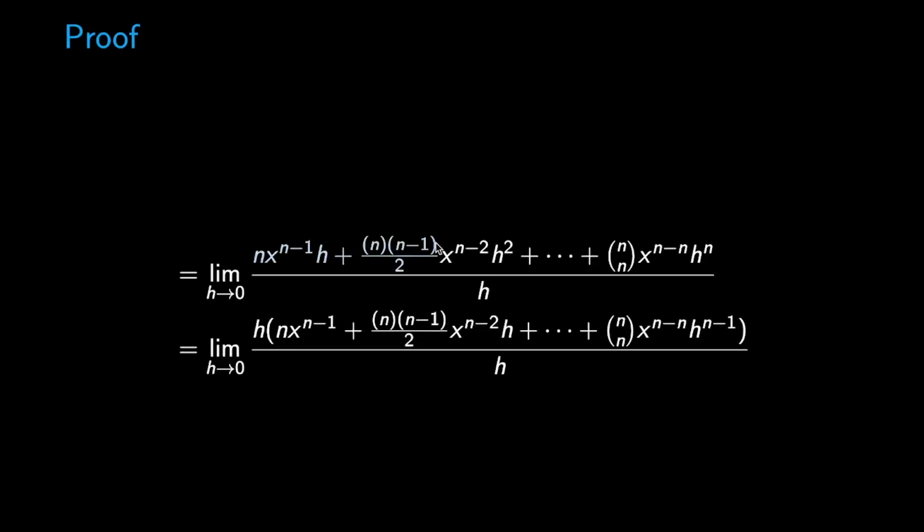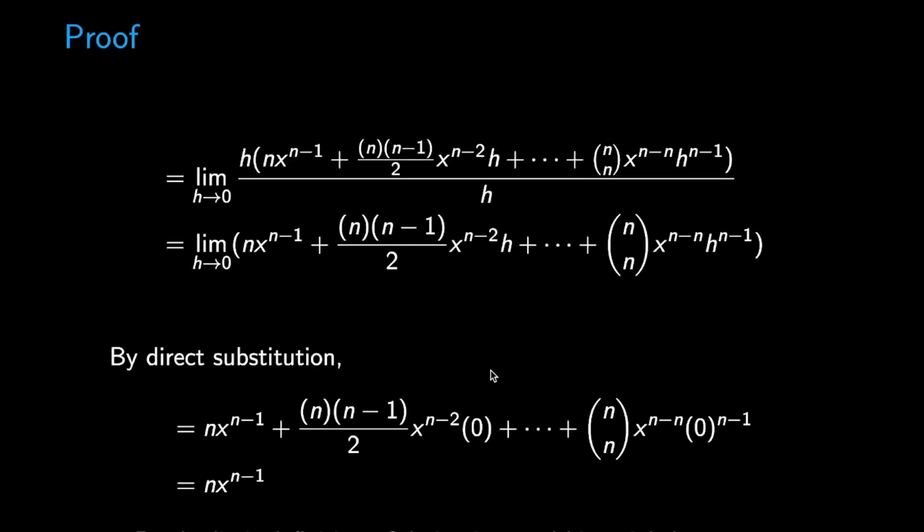Now, if we factor out h from this, we get the following. We get the limit as h approaches 0 of h times n times x raised to n minus 1 plus the other terms. Now, we can see that we can cancel h.